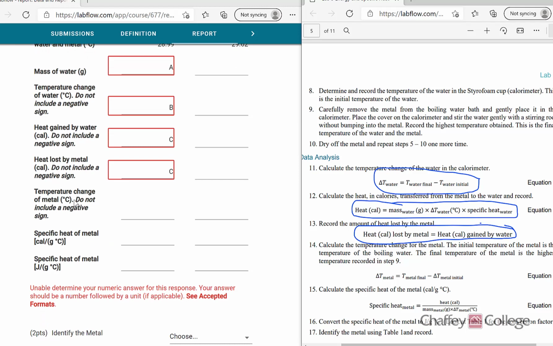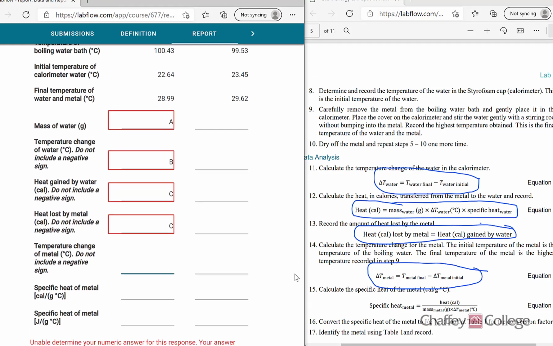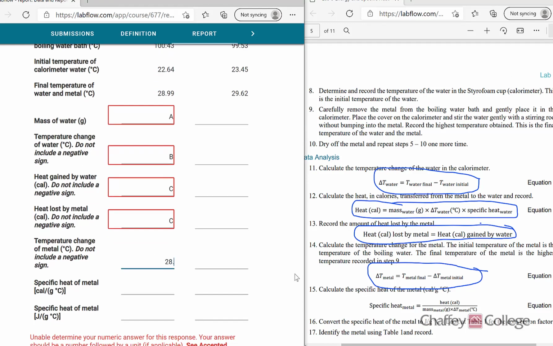Finally, temperature change of metal. This is the formula. T metal final is the same as the T water final, 28.99, minus the starting temperature of metal.